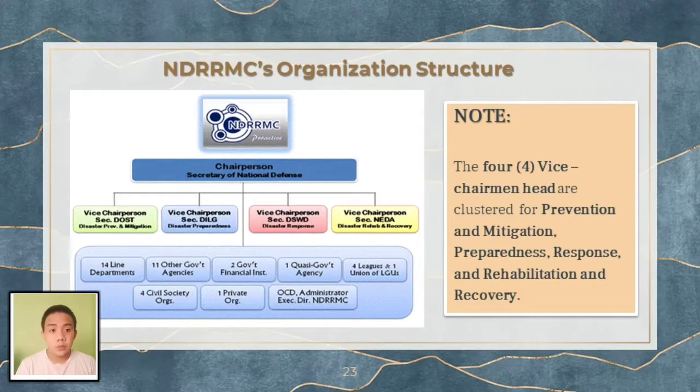It also has the main responsibility of coordination, integration, supervision, and monitoring the development and enforcement by agencies and organizations of the various laws, plans, programs, guidelines, codes, or technical standards required by this Act. And it is also managing and mobilizing resources for DRRM, including the National DRRM Fund. And take note that the 4 vice chairmen head the clusters for prevention and mitigation, preparedness, response, and rehabilitation and recovery.